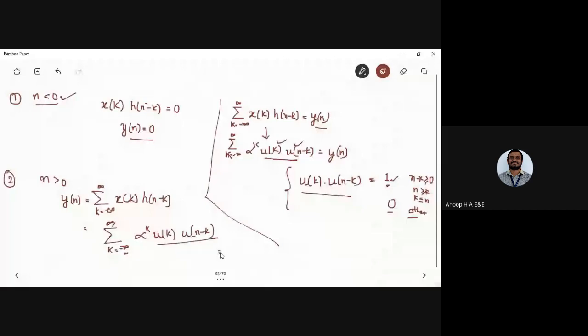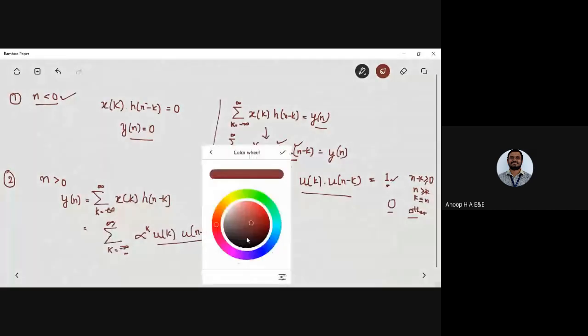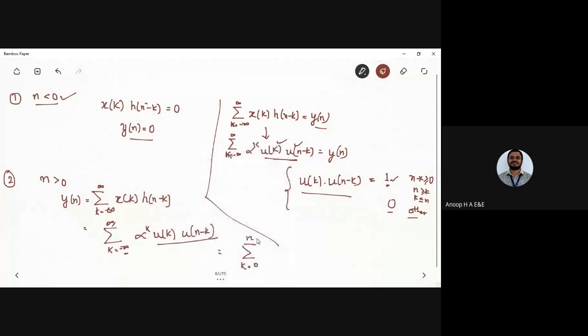So that would be equal to 1, where sigma k equals, I have it from the values. What I set it from 0, I set it from 0 to the value which is there till n. Getting it right? So what is there here? The value of k. So k value which is less than n.